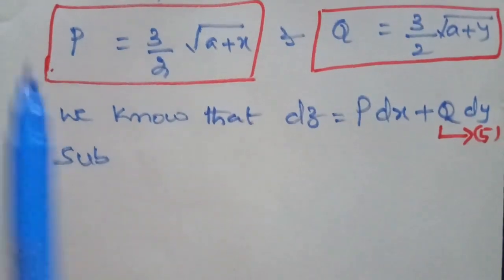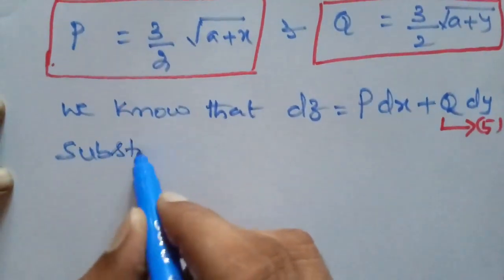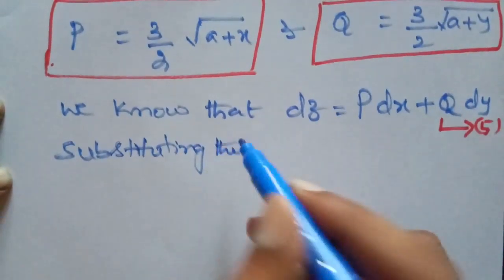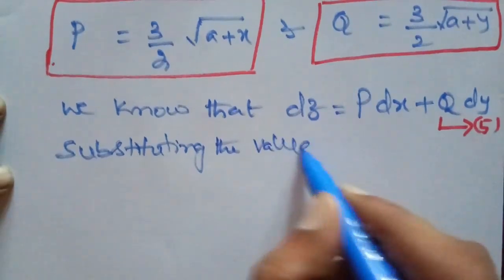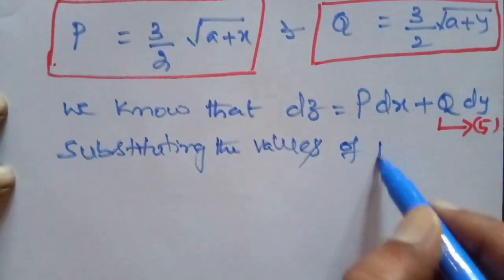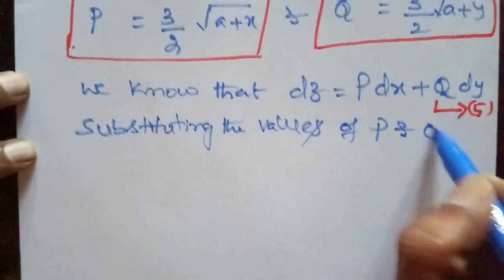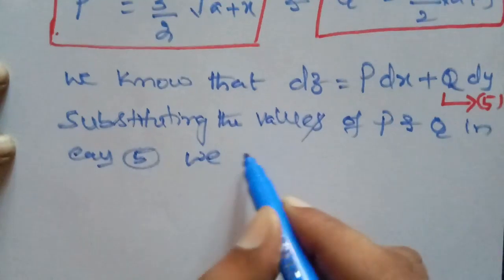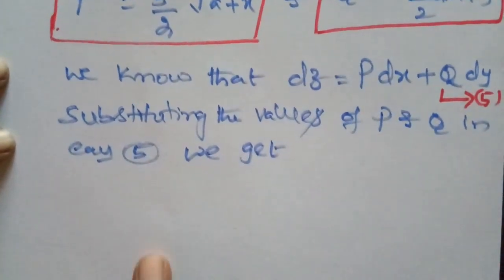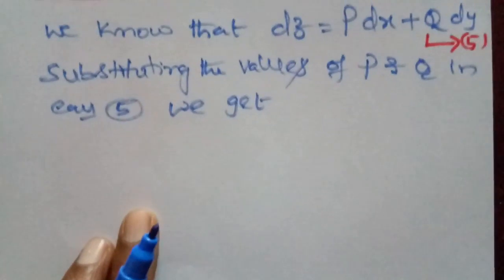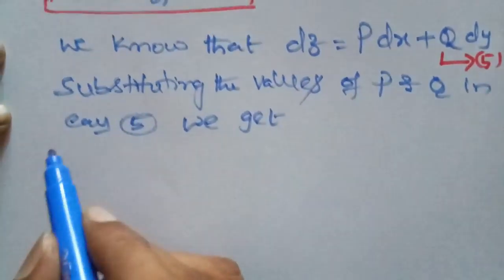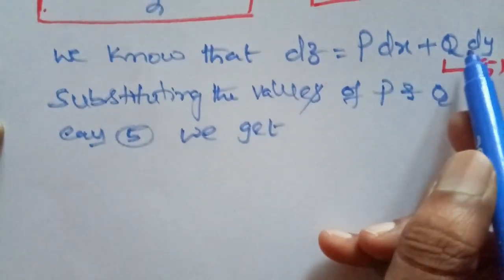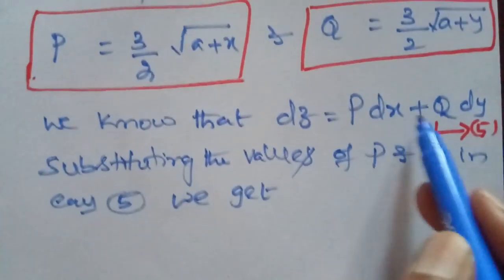Substituting the values of P and Q, dz is equal to p dx plus q dy.